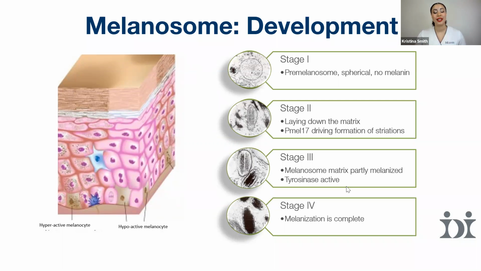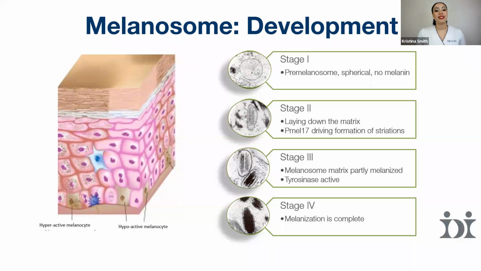In stage 3, this is where we start to have tyrosinase activity. Remember, tyrosinase is always present, not always active. If we don't have a lot of active tyrosinase, we're probably going to end up with a pheomelanosome. If we have a receptor defect, we might end up with a pheomelanosome.